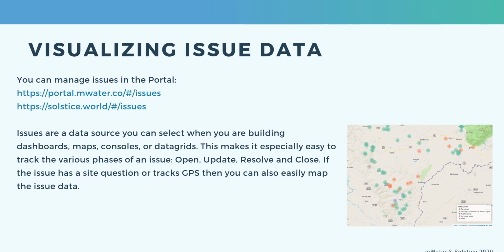And this makes it especially easy to track the various phases of an issue: open, update, resolve, and close. And if the issue has a site question or a GPS location question, it also means that you can easily map the issue data, and any data that is collected in an issue you can also analyze and see and put on a chart, put on a map, and so on.